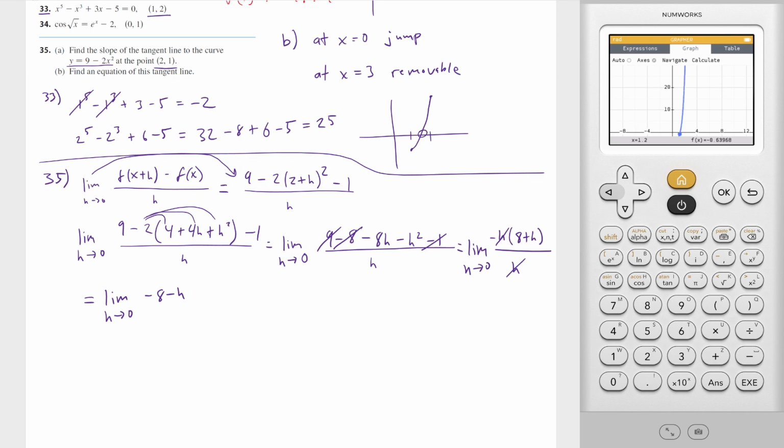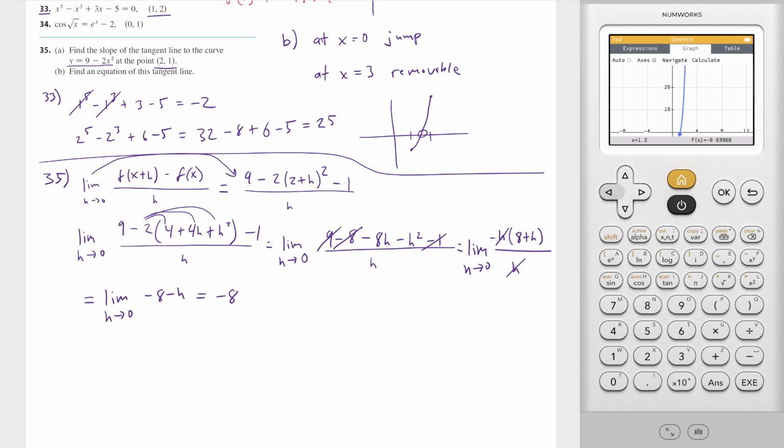Okay, well, since h is going to 0, then this is just going to equal -8. So that is the answer to part A. The slope of the tangent line to the curve is going to be -8.